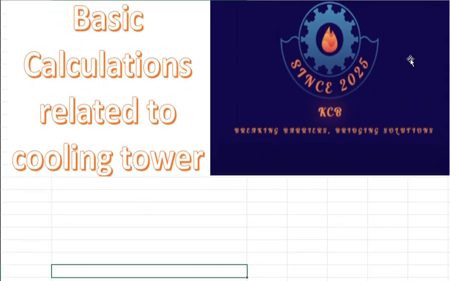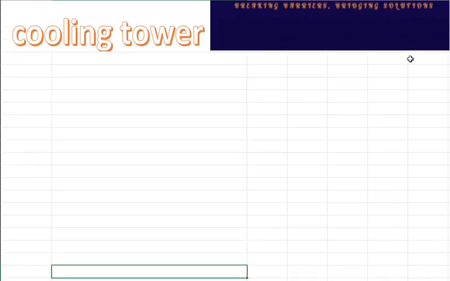I just consider that we have performed the energy balance calculation. So we know how much heat is available with us, and to remove that much heat, what cooling water circulation flow rate is actually required.